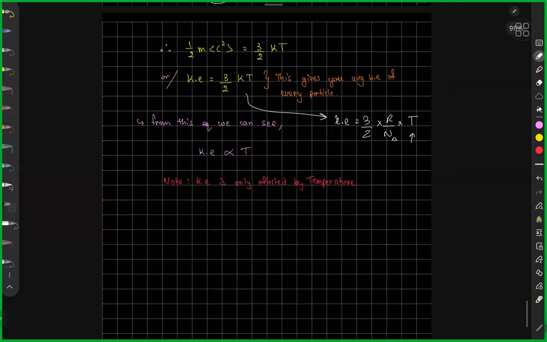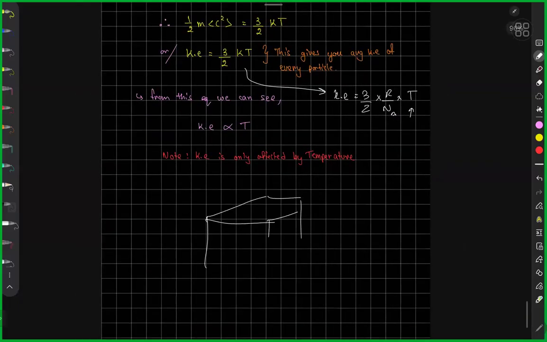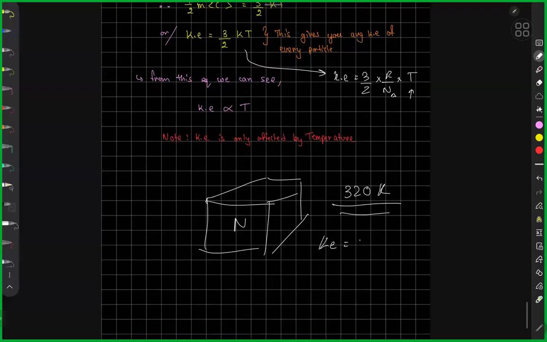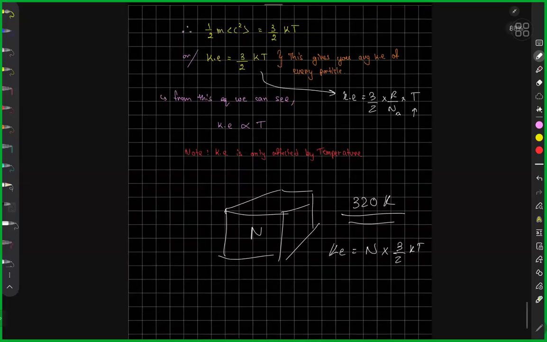What do you do if you have a box with n particles and they're telling you the temperature of the box or the particles is 320 Kelvin? How do you find out the kinetic energy of all the particles inside the gas? You say KE is equal to n times 3/2 kT.